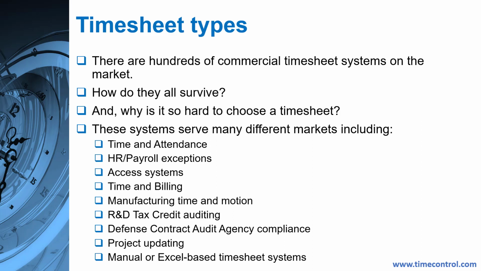So for the next few minutes, let's just take a look at the different possible kinds of timesheets you may have been called upon to look for, and what you may already have in your own organization.